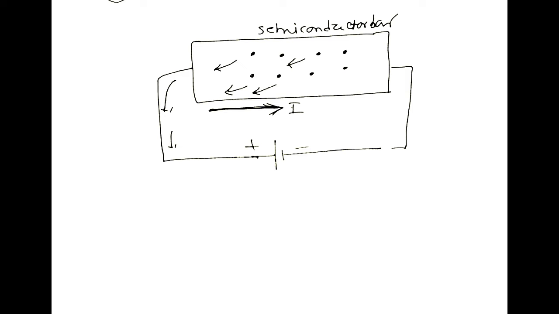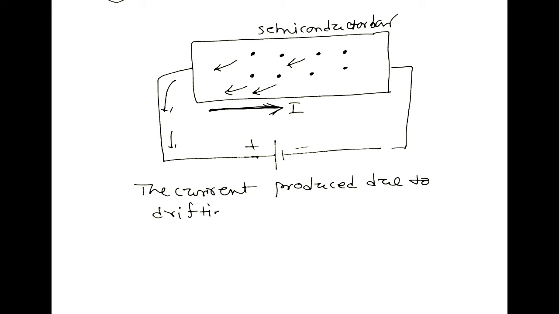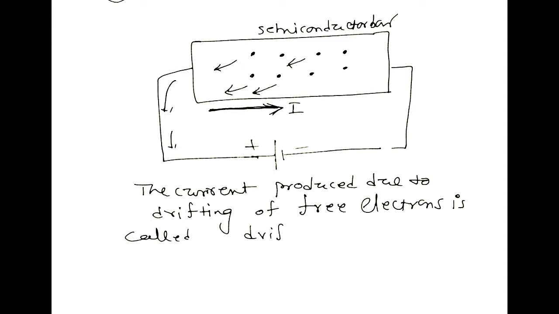So the current produced due to drifting of free electrons is called drift current.